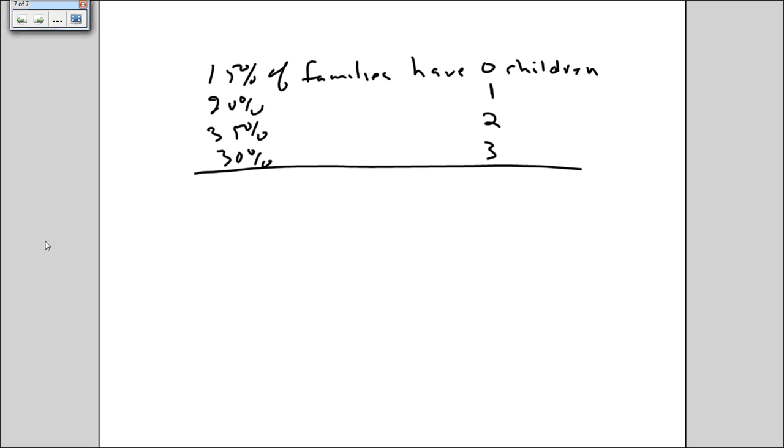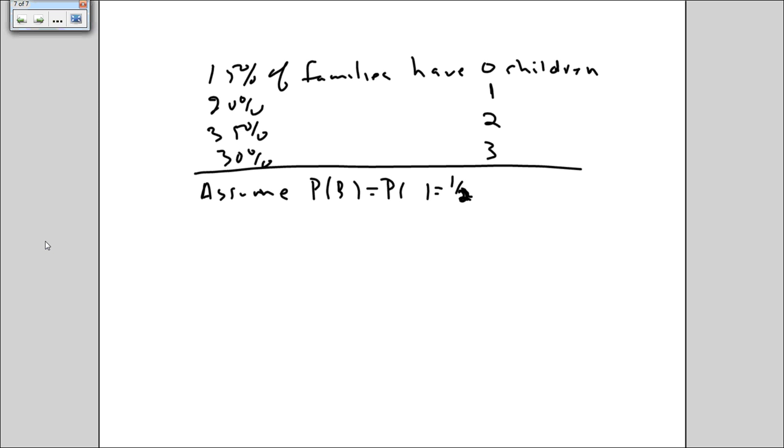We'll also assume that the chance of having a boy or a girl are equal. A half. Why? Because you can only have a boy or a girl.